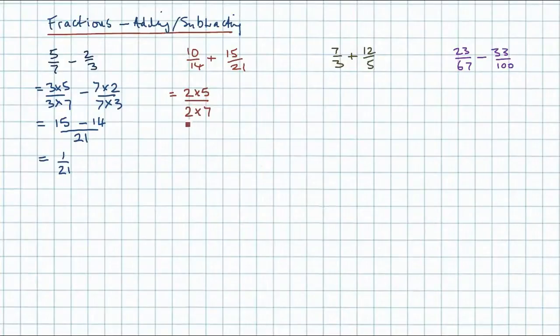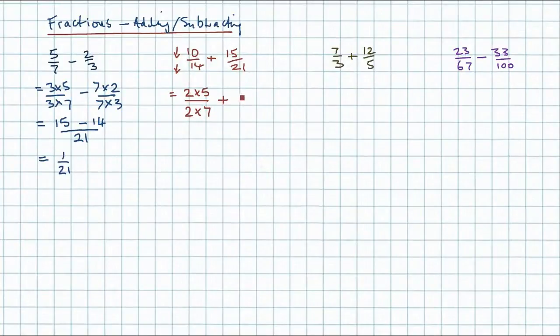So I've got 2 times 5 divided by 2 times 7, which is the same as 10 divided by 14. All I've done is I've brought these down, both the numerator and the denominator.